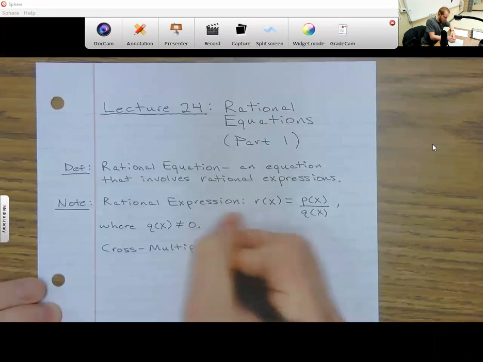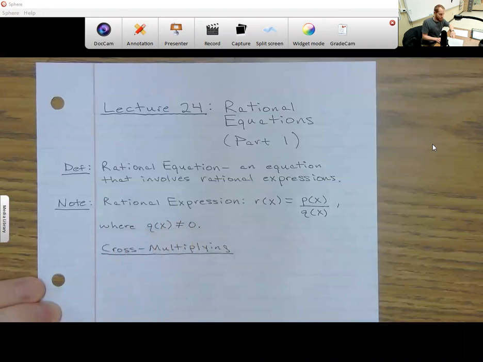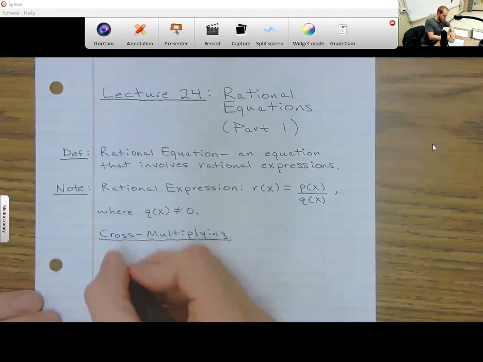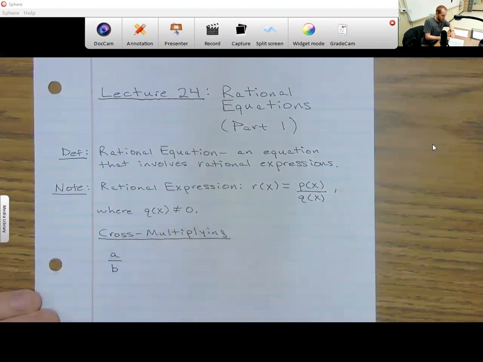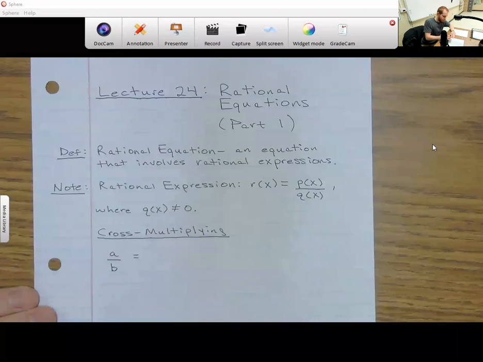When we're cross multiplying, usually you'll see a fraction on the left side and a fraction on the other side. So you might have something like a over b is equal to, let's say, c over d.